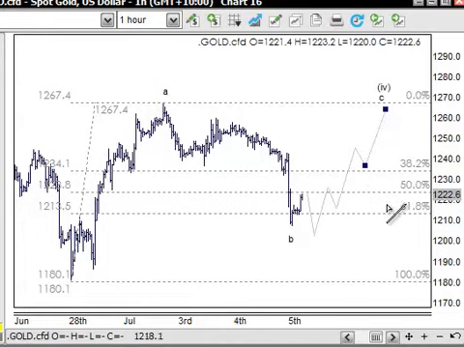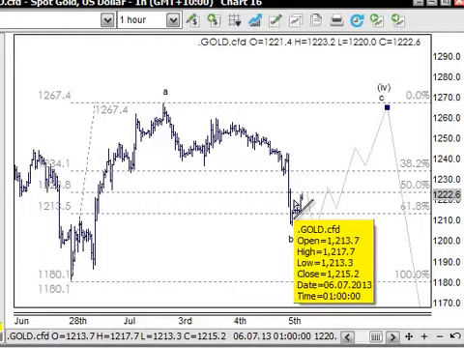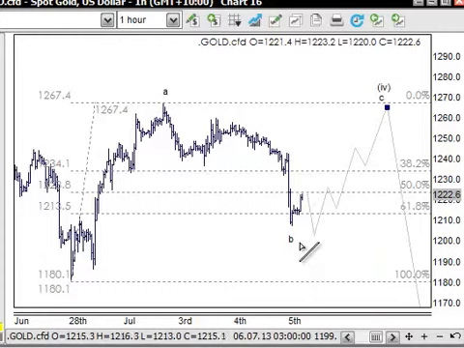And once that finishes, then we'll see it move down from that point and start to make new lows. So we just need to give it a little bit more time. It has pulled back a bit further than I thought it would have done, but there you go. Let's just see that play out.